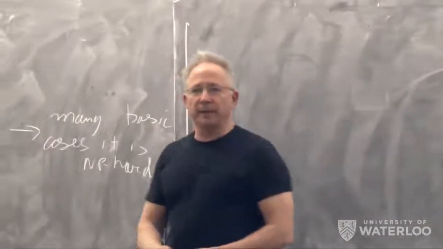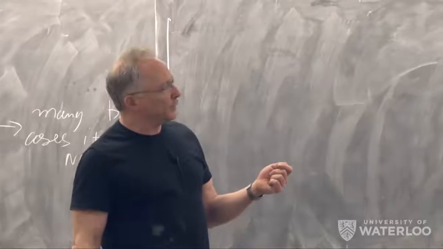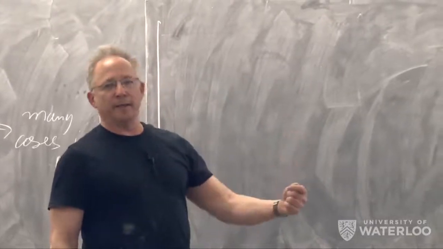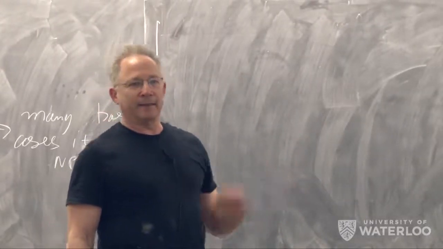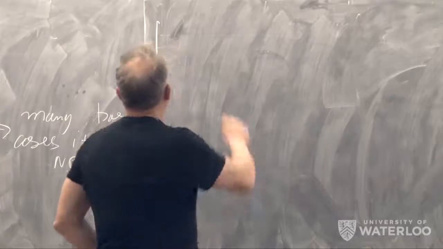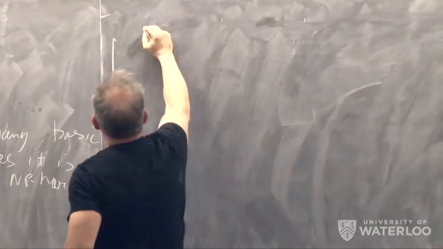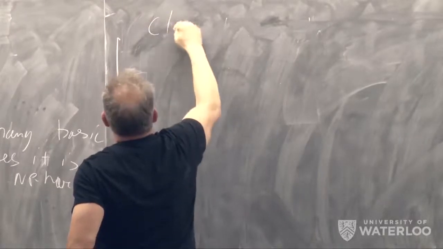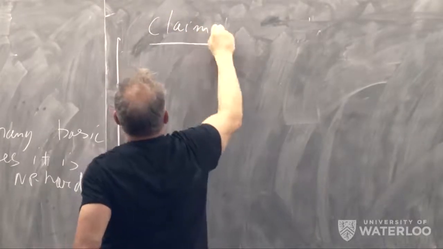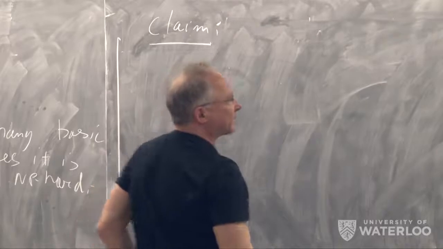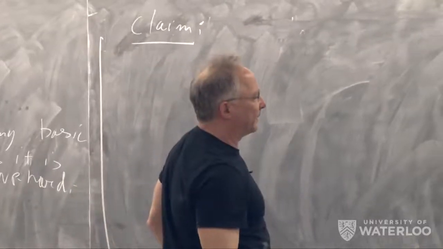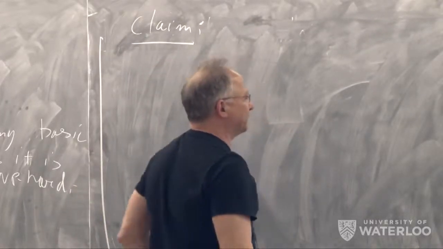And what I'm claiming here is that I want to show you that this class is weakly learnable by another class. So here I have a claim. How did we call this class? Did we give it a name? This A, okay. Let's call it H3.